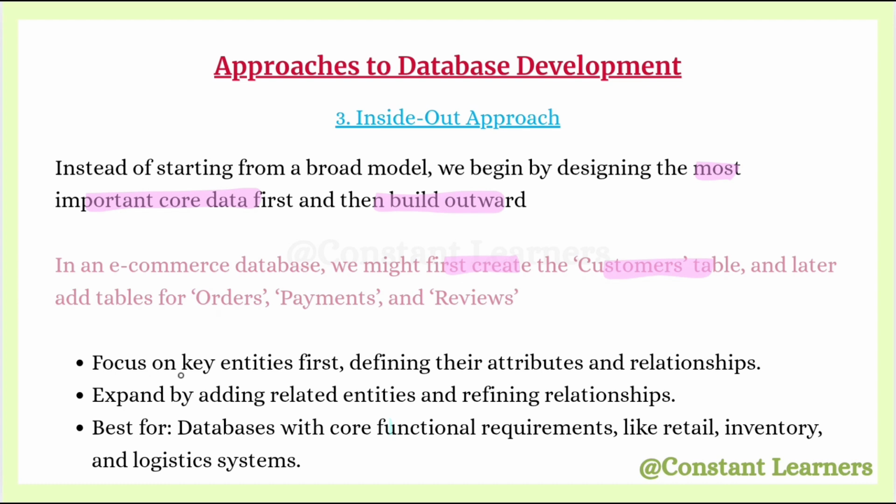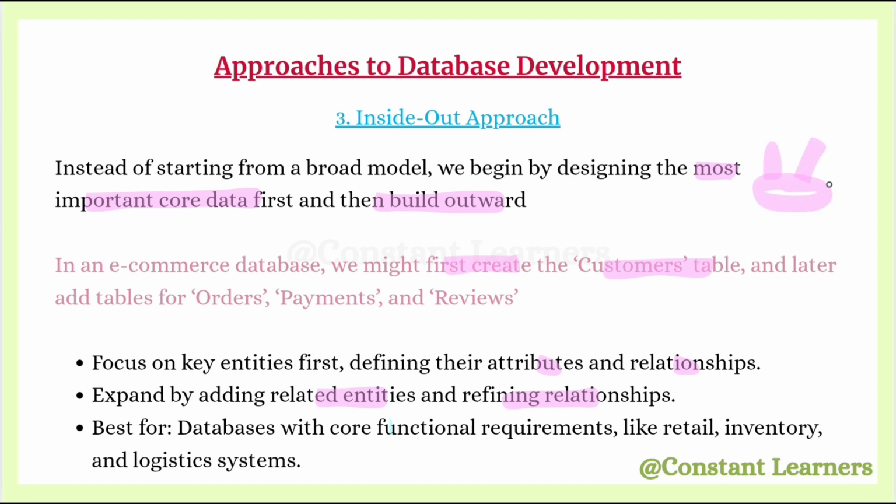So this focuses on key entities first, defining their attributes and relationships. So not just the entity, we are also defining the attributes and the relationships. And then we expand it by adding related entities and refining the relationships. See, first we've built the core data.